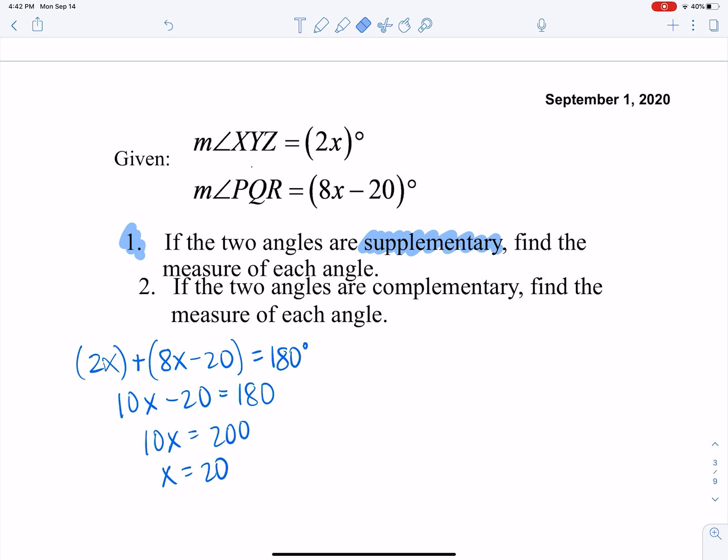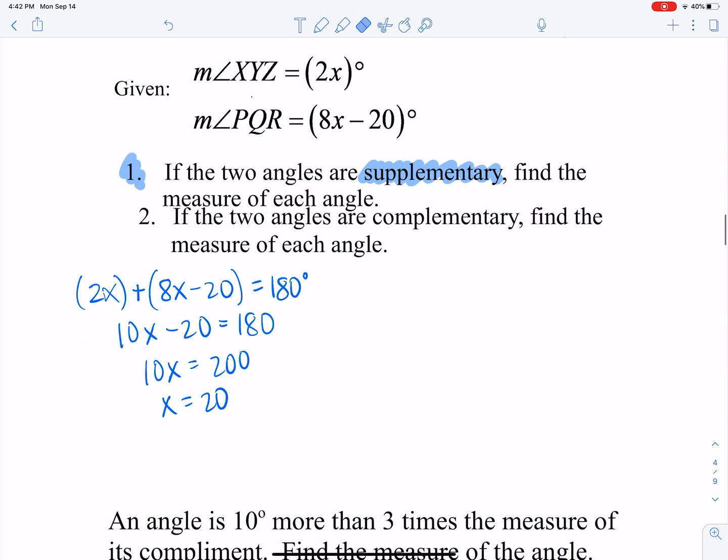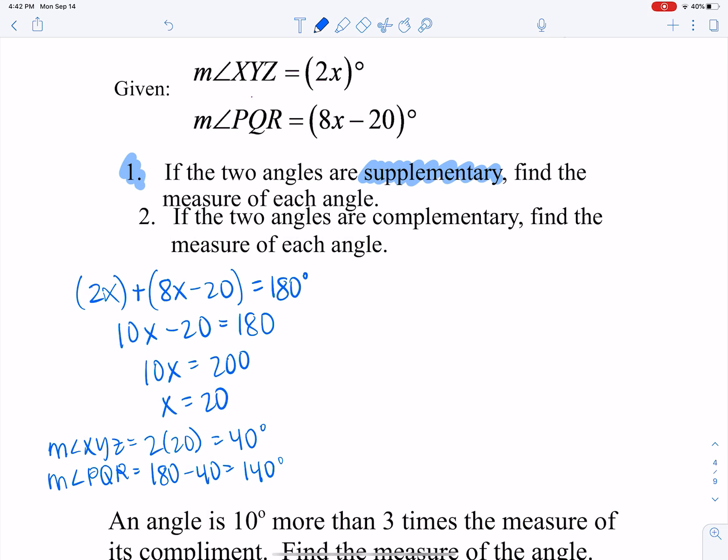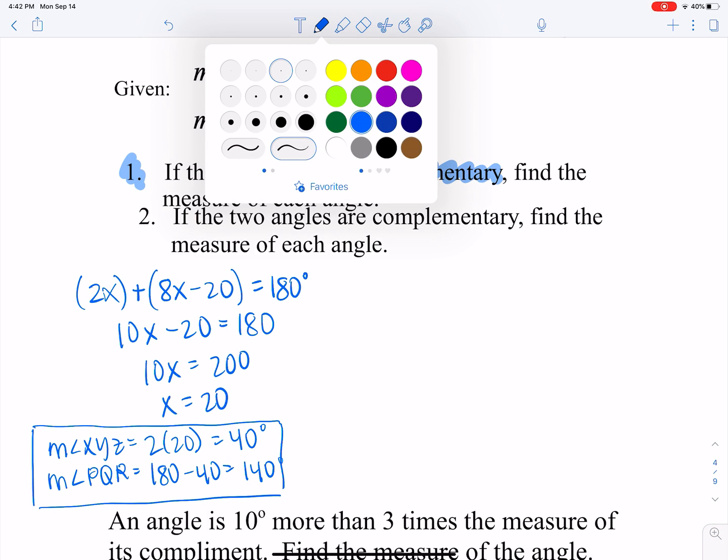The directions tell me to find the measure of each angle. So I'm going to plug in. For XYZ, it's 2x. 2 times 20 is 40. The measure of angle PQR, I can just take, since I know they're going to add up to 180, 180 minus 40, and I get 140. So this would be if they are supplementary.